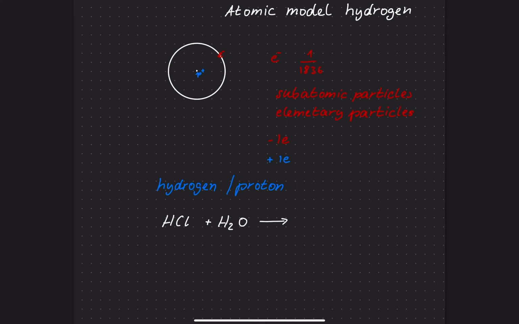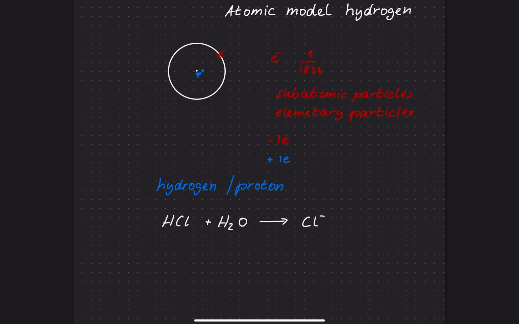we have a reaction here that first of all dissociates the hydrochloric acid into chlorine, which is negatively charged, and into one proton. That is what we see up here. If we simply remove this electron, we are only left with one proton.